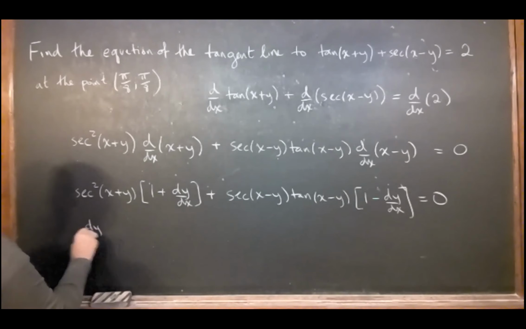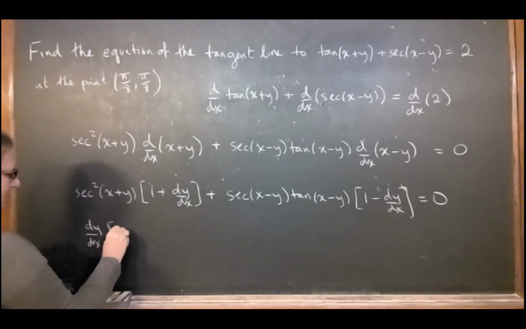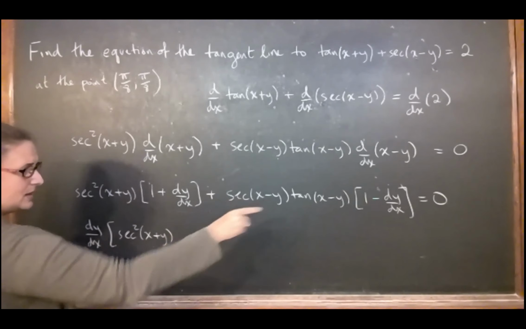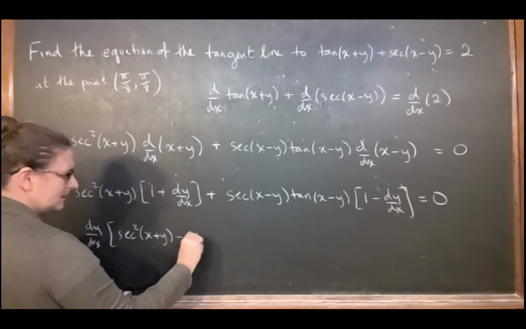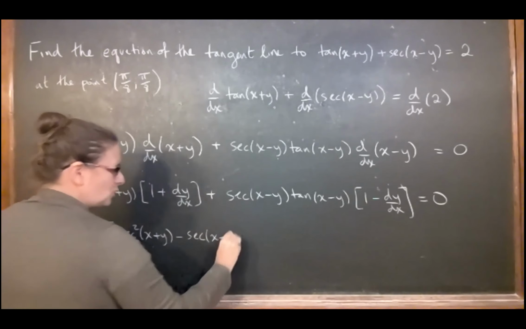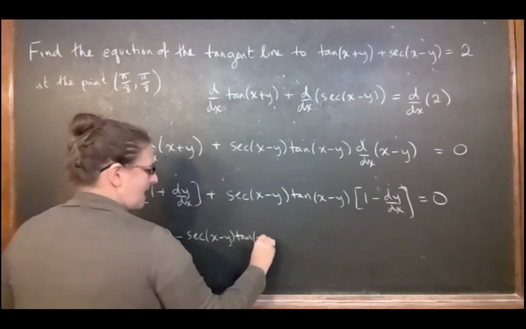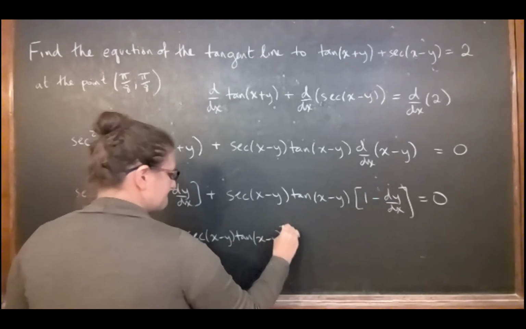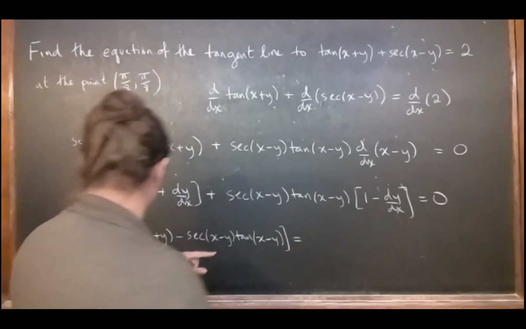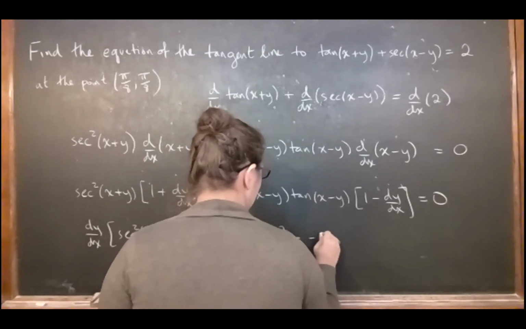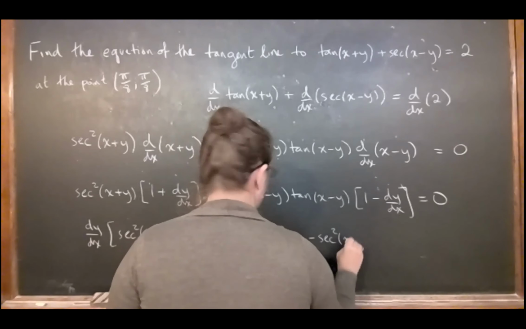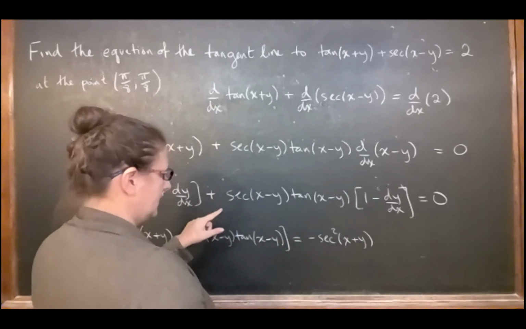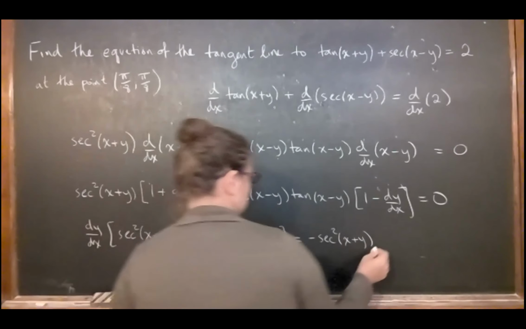So dy/dx times secant squared of x plus y, and then I have a minus secant of x minus y tangent of x minus y, equals, and on the other side I'm going to get a minus secant squared of x plus y and a plus.